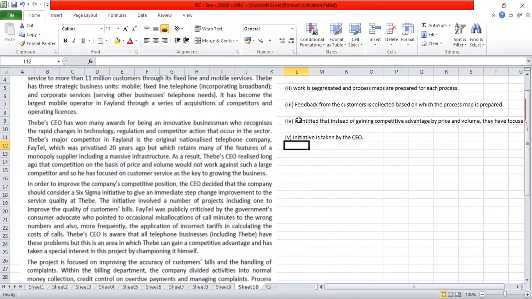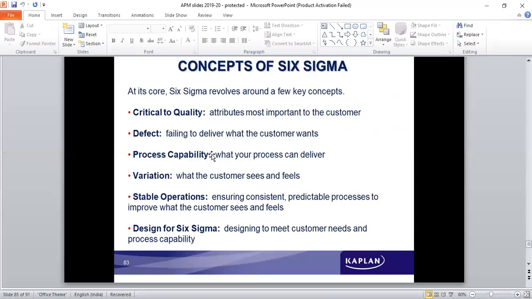Okay. Competitor is criticized. Areas are identified. Anything else if we identify, we can add. Process capability.